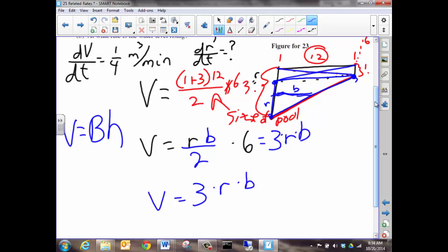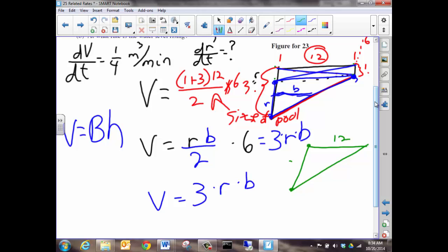And I'm going to redraw our cross-section of the pool, but just the triangle part, okay? Because this rectangle part up here doesn't really matter, does it? I'm going to redraw the triangle part. And we know this is 12. Now, trick question. What is that? 3, 4? I'm talking about for the whole pool, okay?